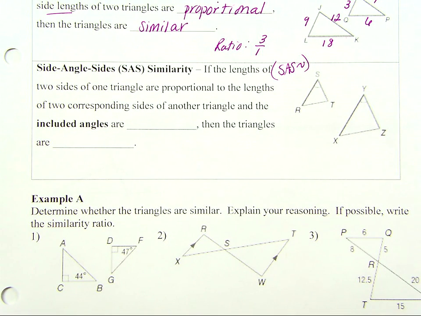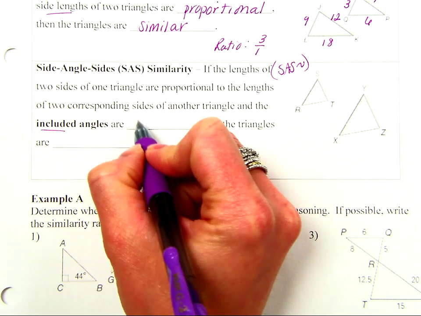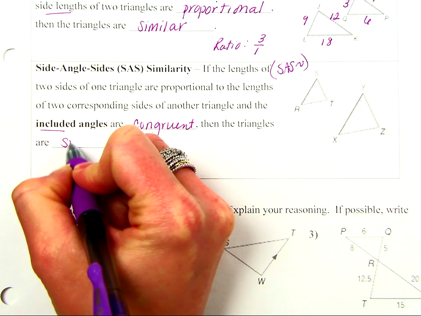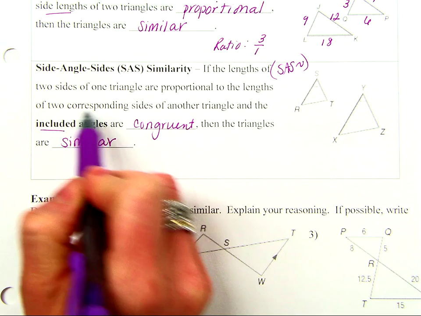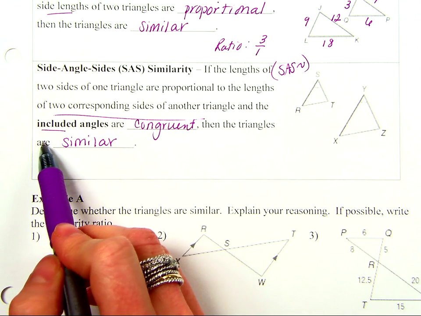Okay, the SAS similarity shortcut says if the lengths of the 2 sides of one triangle are proportional to the lengths of 2 sides of another triangle, and the included angles are congruent, then your triangles are similar. So you're checking your 2 sides, proportional, and your included angle congruent.